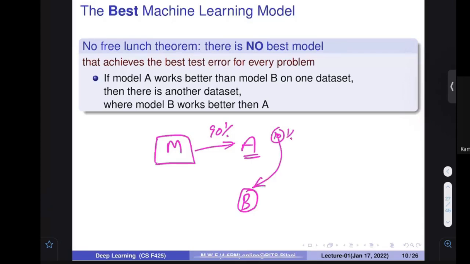I can take this 10%, create another database and ask you to train on this. Definitely your accuracy will be very bad. So carefully selected examples can always bring you down.